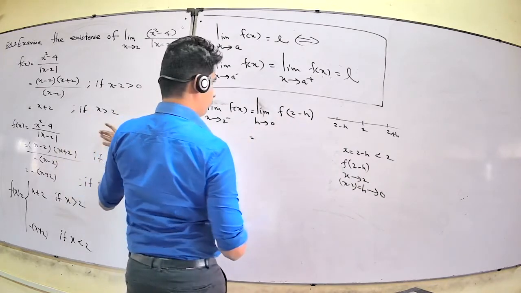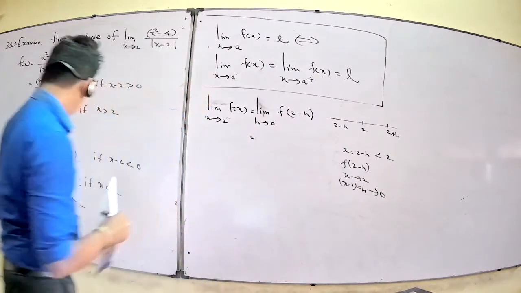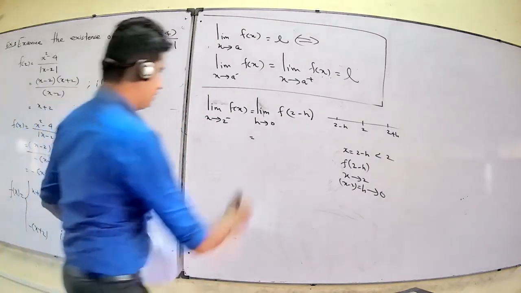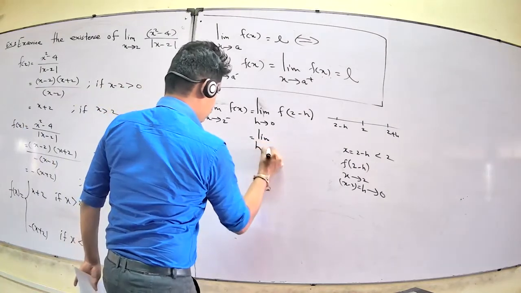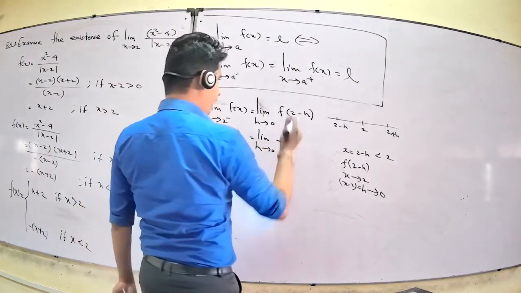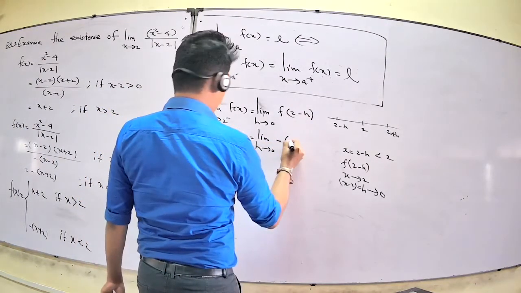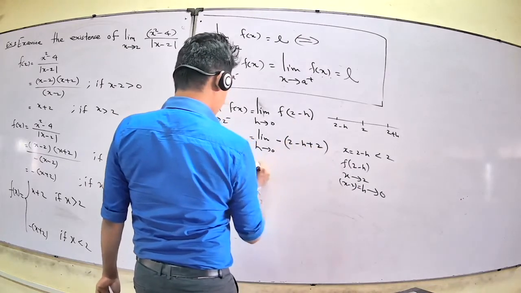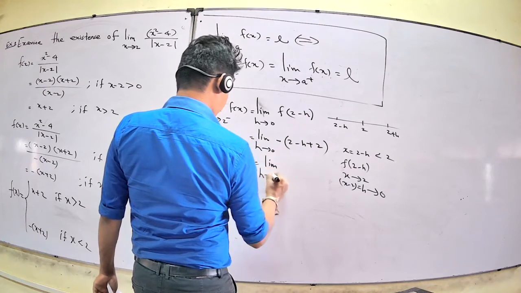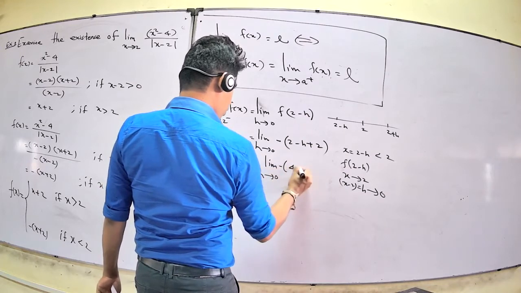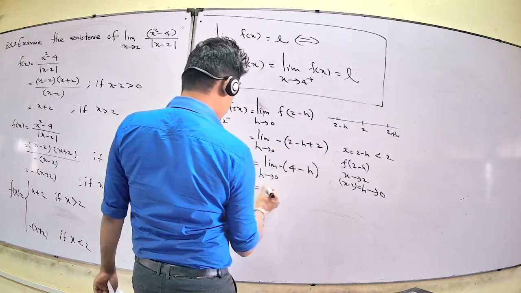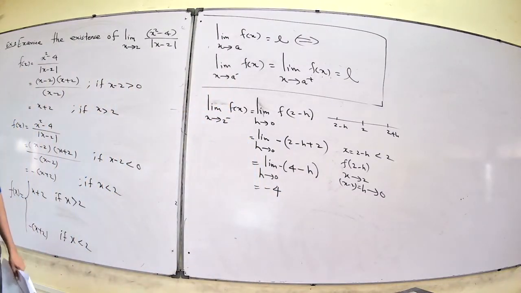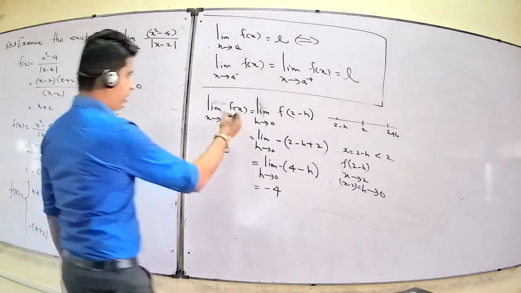Which case? Less than 2 case means minus of x plus 2. As h tends to 0, you put x equal to 2 minus h. Therefore, minus of 2 minus h plus 2. Therefore, limit as h tends to 0 of minus 4 plus h. As h tends to 0, this value is minus 4. Okay, this value is minus 4. Now, it is your left limit.